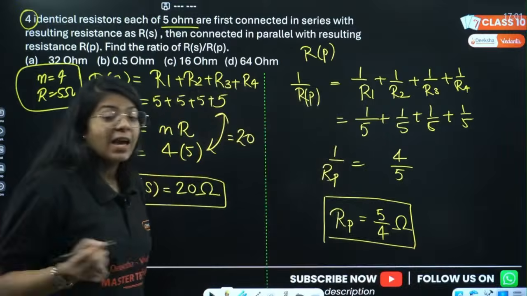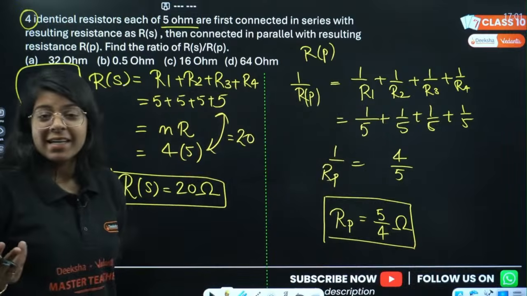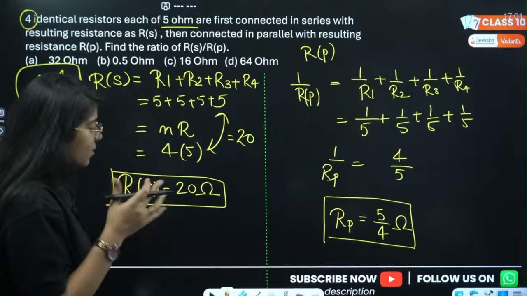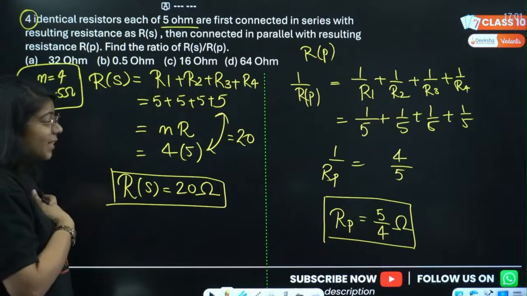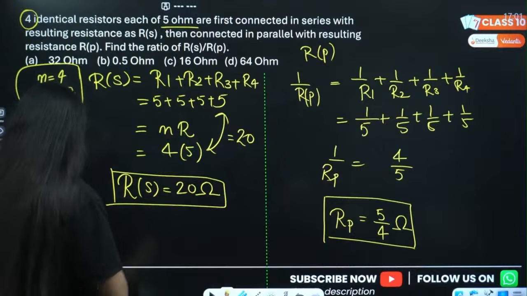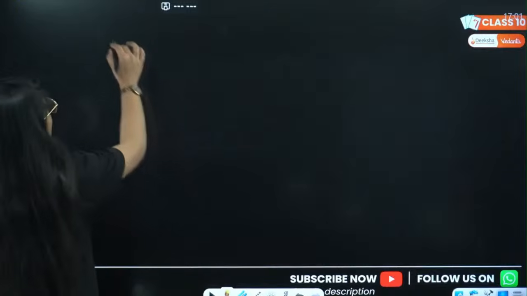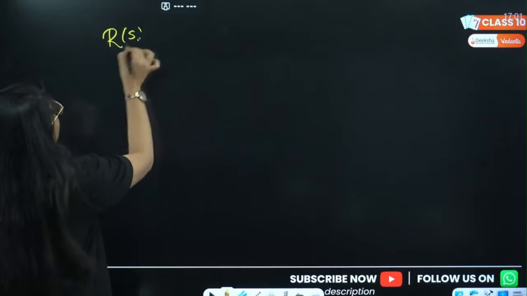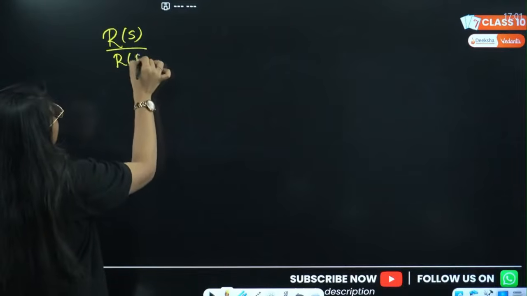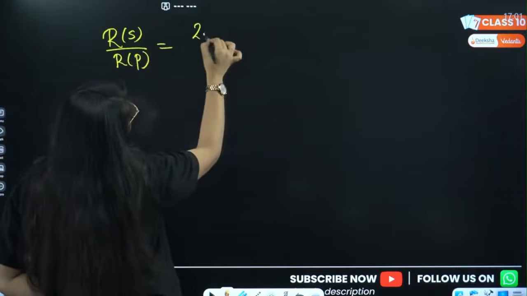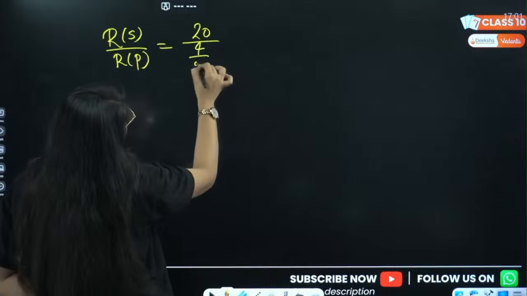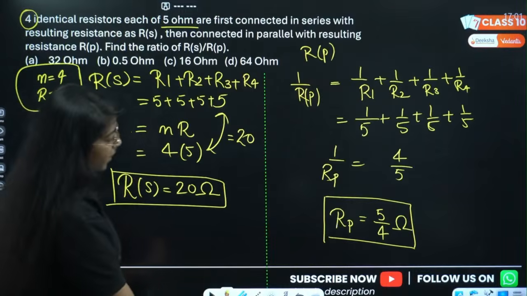Understood? So we have Rs, we have Rp. Sorry for that. The answer is 16. People are saying Rs divided by Rp will be 20 divided by 5 by 4.